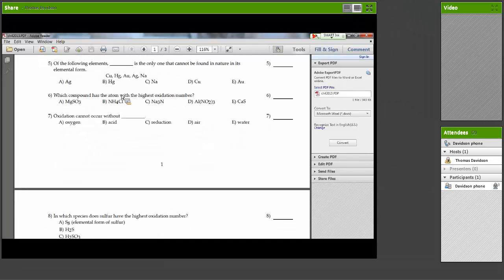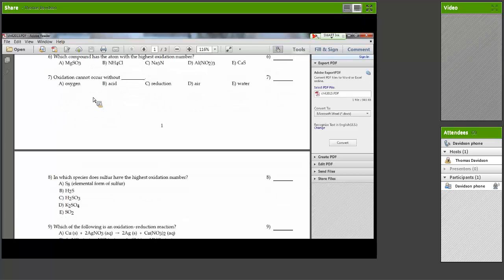Number 5, of the following elements, blank is the only one that cannot be found in nature in its elemental form. And that one might seem weird, like he's never talked about that. But that question has everything to do with what we call the activity series, which was when we had metals that were easily oxidized, and then they were ranked going down, with the bottom being the least easily oxidized.